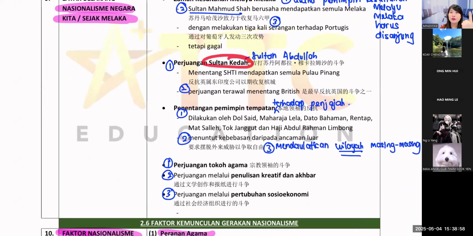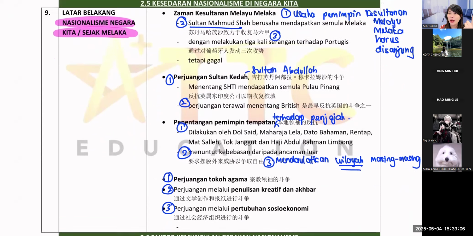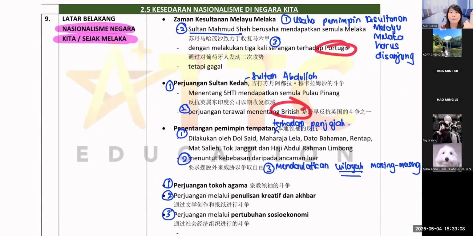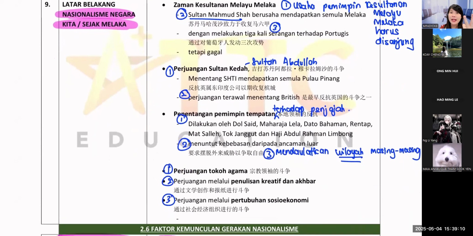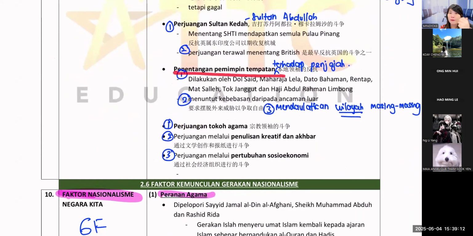Then Sultan Abdullah of Kedah fought against the British East India Company in Penang. He wanted to take back Penang, but of course this is the earliest stage that they fight against the British, because this is Portuguese, this is British. Then the next one is the resistance of local leaders against the colonizers. Who are the local leaders? Dato Maharaja Lela, Dato Bahaman, all these guys fight for freedom, mainly for their own area only.